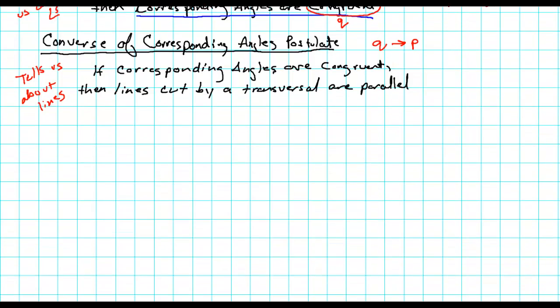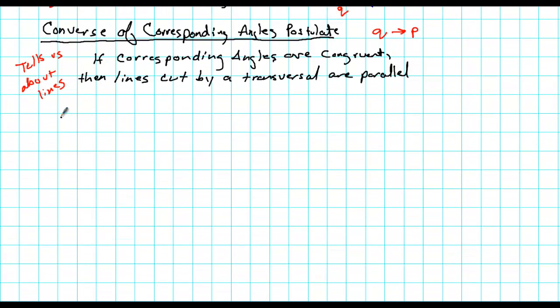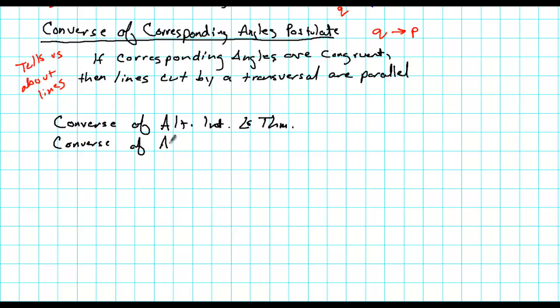And just like yesterday, you're now going to have the converse of the alternate interior angles theorem. You're going to have the converse of the alternate exterior angles theorem. You're going to have the converse of the same side interior angles theorem.